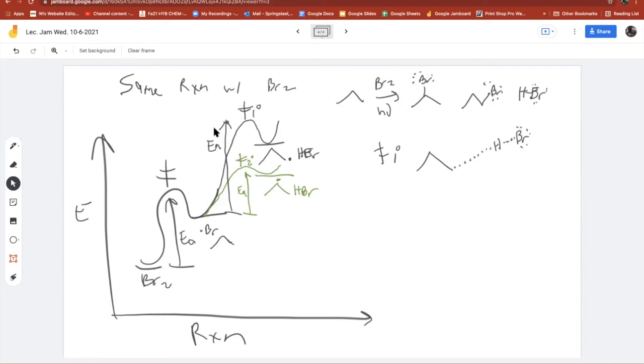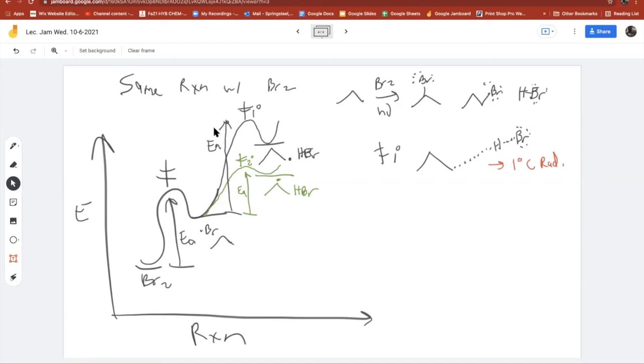So does this transition state look more like a carbon radical or bromine radical? And it's looking like a primary carbon radical.